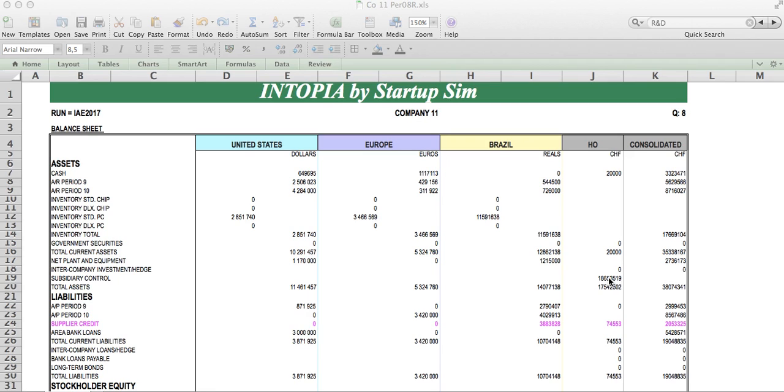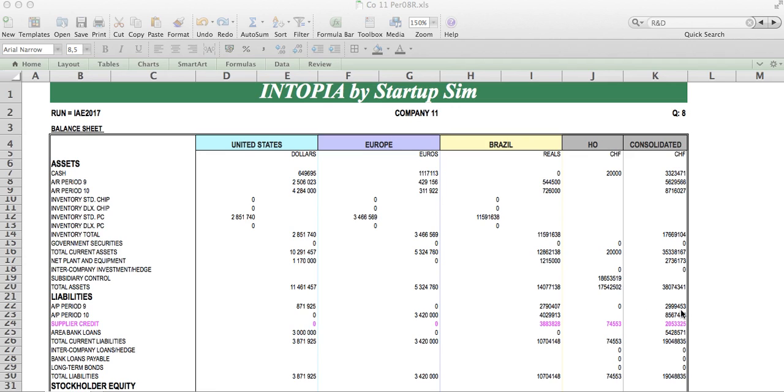This money that I send is like the local equity, the equity of the local subsidiary. The value of this equity in the various region is owned by the Home Office, and that is what is called subsidiary control. So we have then a special list of assets in the Home Office because it has a few items that do not exist in other areas.